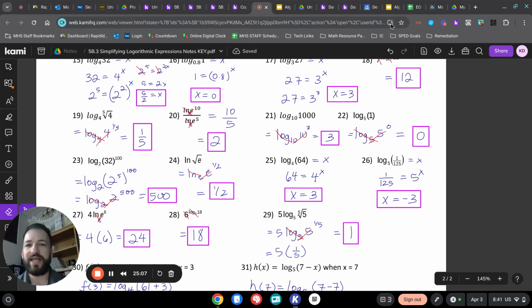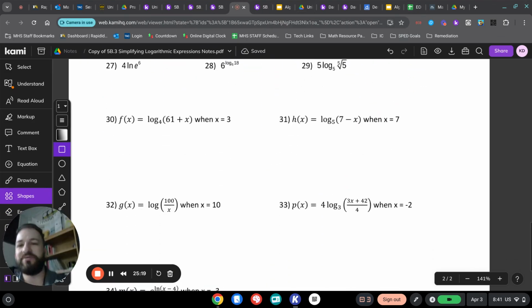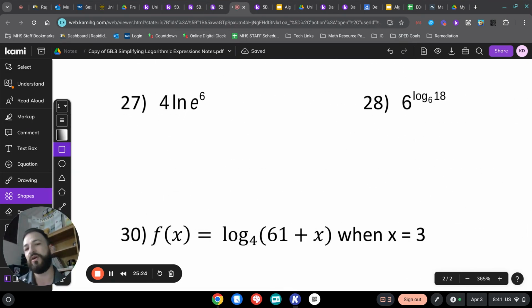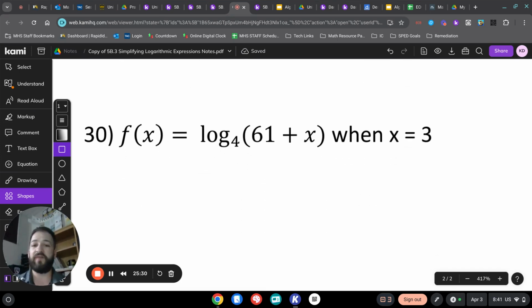Okay, the very last thing, like we did before when we were doing our conversion, we talked about, okay, how does this apply to functions? Well, we're also going to talk about how this simplifying of logarithms really applies to functions, something we're actually going to use them for. Because really you're like, well, Mr. Bone, how often am I going to have to know what 4 natural log of e to the 6 is? Well, you might have to know it if you have an actual function you're trying to evaluate, and that's part of your evaluation.